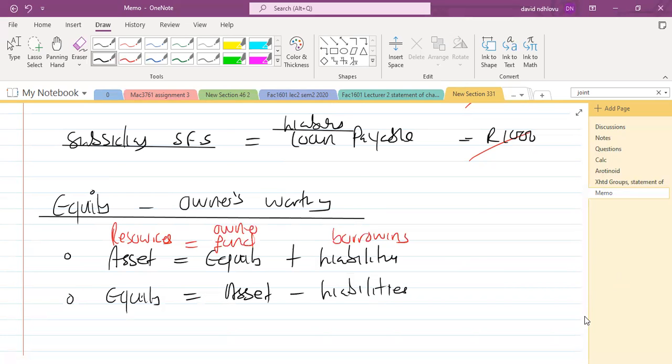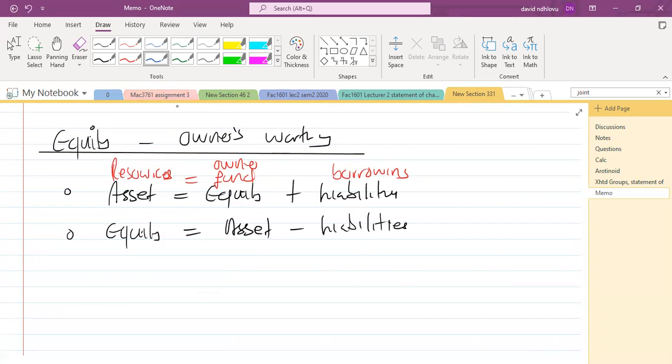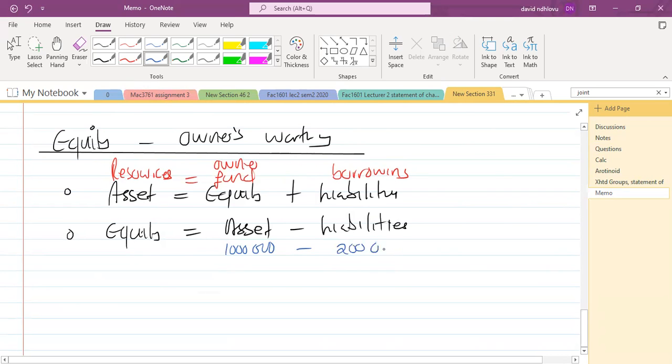If you are the owner of a business and you've got a business that controls 1 million in terms of assets, but please remember those assets could have been funded using what? Borrowed funds. So which means therefore your value of the business is actually 800 because the other portion, which is 200, does not belong to you. It belongs to those that have provided you with what?